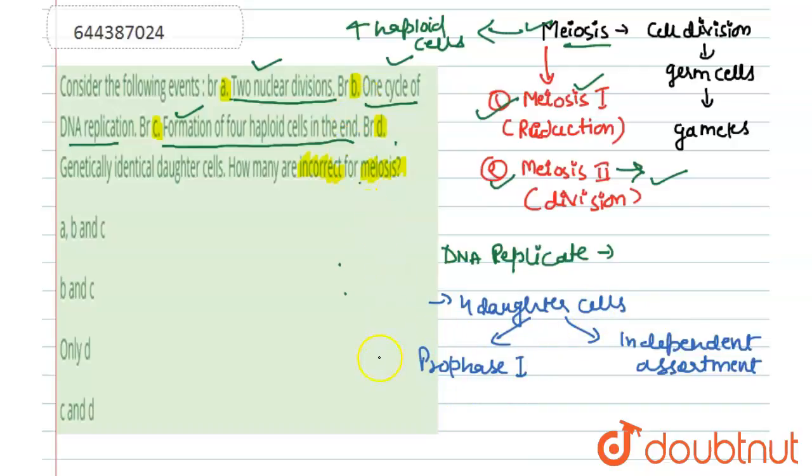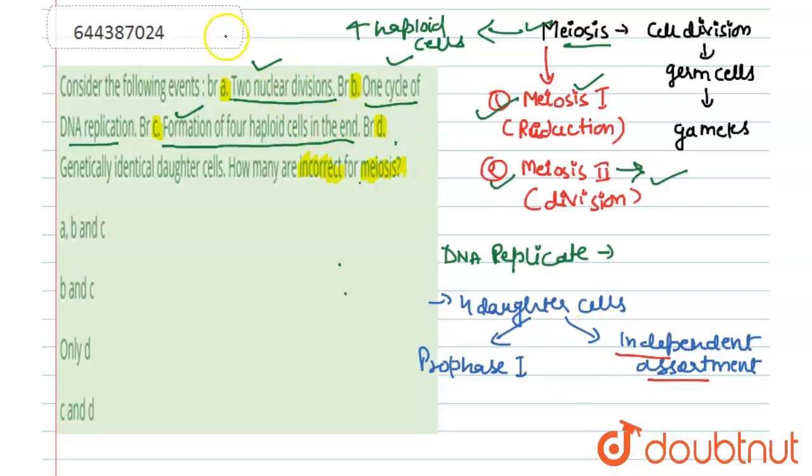Independent assortment describes how different genes independently separate from one another when reproductive cells develop.